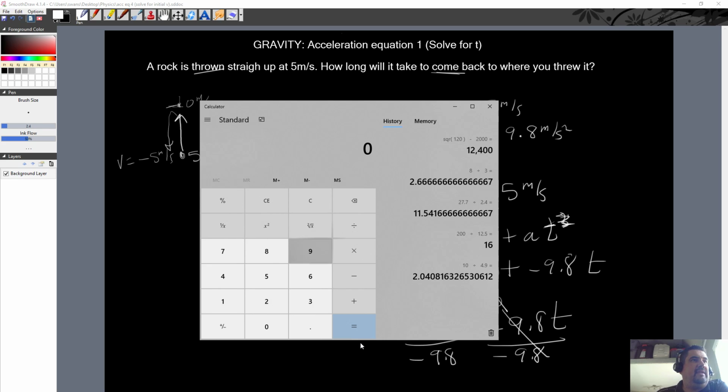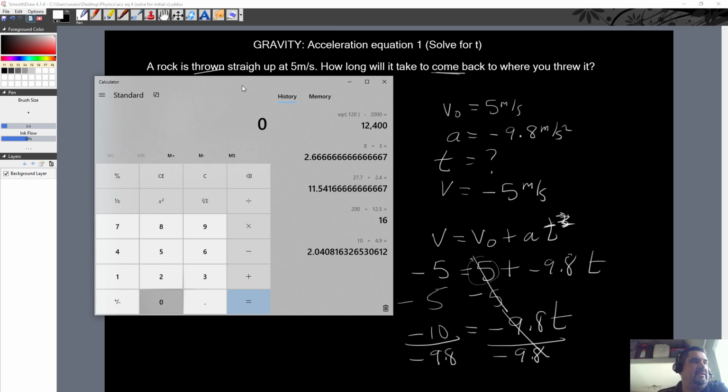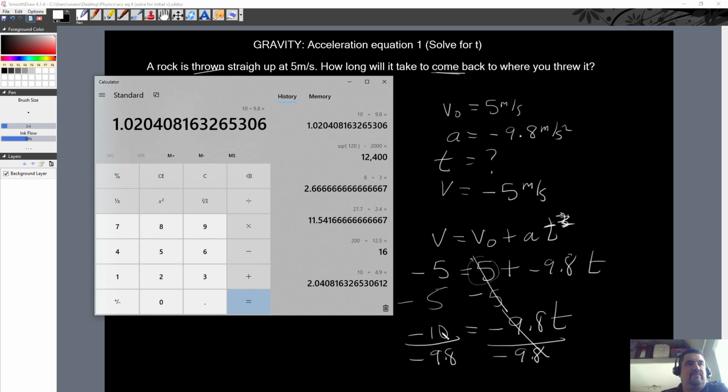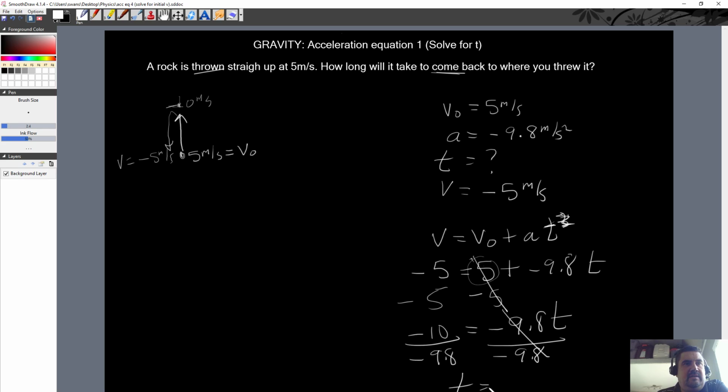And if you take a negative and a negative, you're going to get a positive answer. So I'm just going to do 10 divided by 9.8, and that's going to get me 1.02. So t is equal to 1.02 seconds. Positive, of course, because a negative divided by a negative is positive, which is good, because if you have negative time, you probably did something wrong.